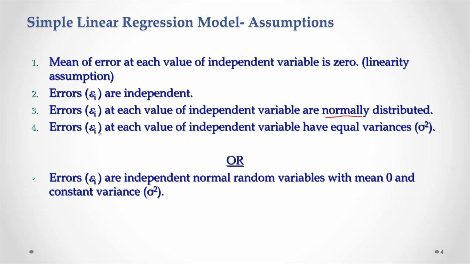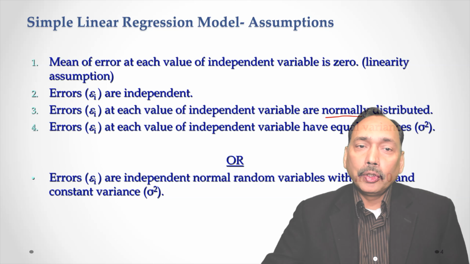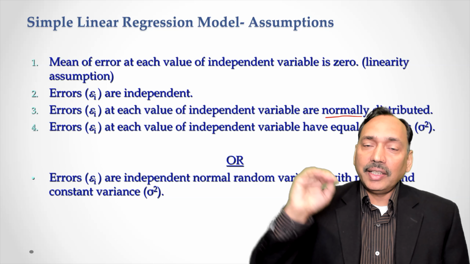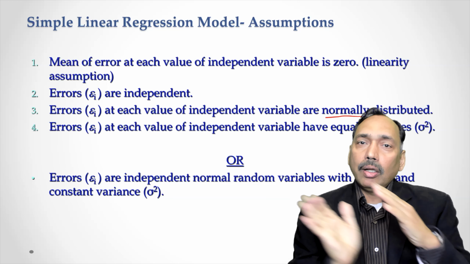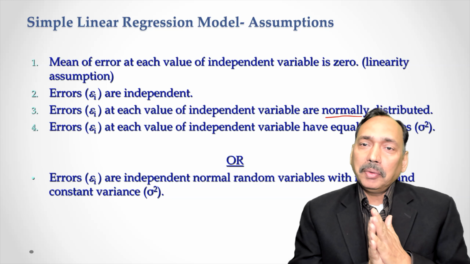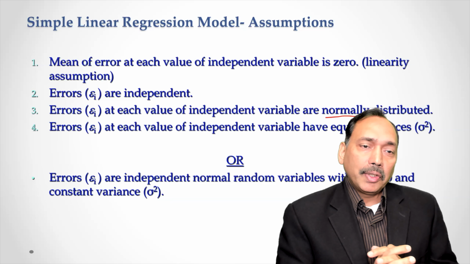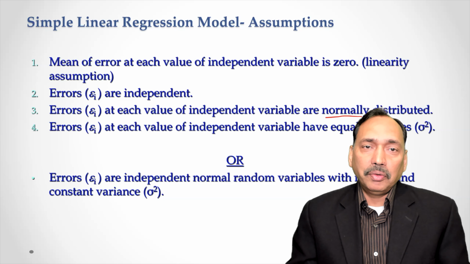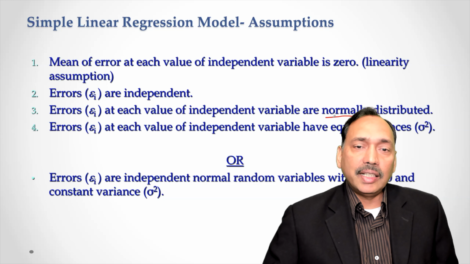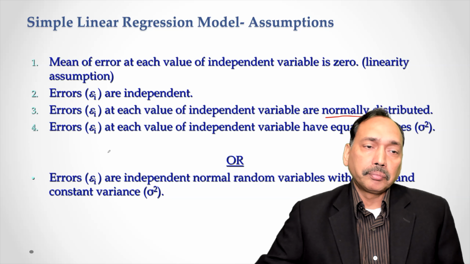The fourth one is that errors at each value of the independent variable have equal variance. So around that regression line, if you see a uniform band, it will not always be exact. There may be some ups and downs, but if you do not see a very obvious change in variability, that will mean this assumption is satisfied.